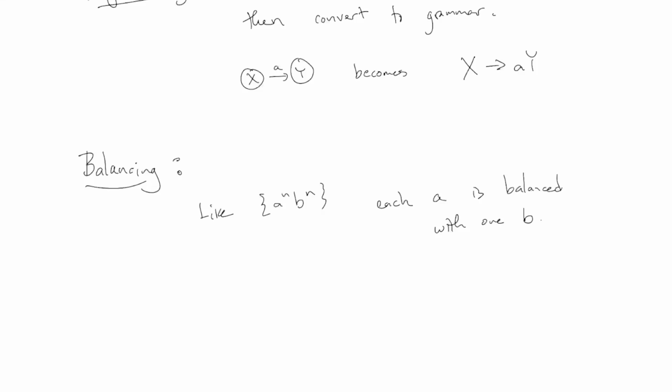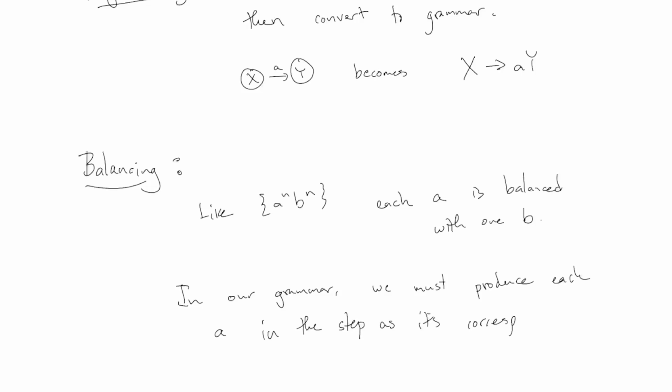And the way to make a grammar that accomplishes this type of balancing, the solution is we must produce each a in the same step as its corresponding b.